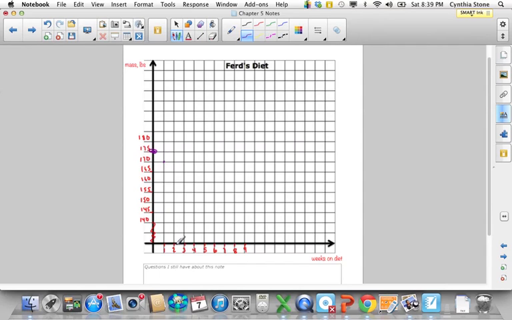Right? 2 weeks later, he'll be 165. 3 weeks later, he'll be 160 because he's losing 5 pounds every single week. So this graph looks different. It's going down instead of up. That's all. We can join the dots, create a nice line out of it.